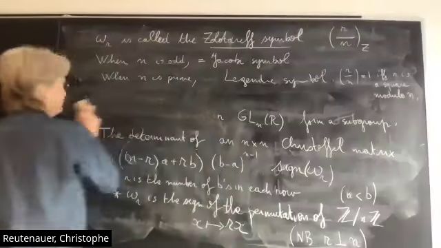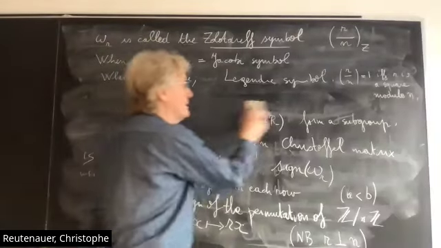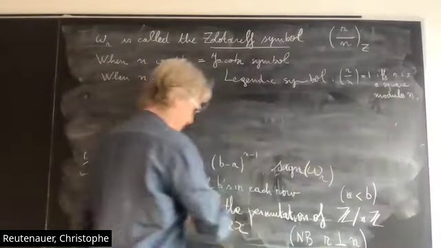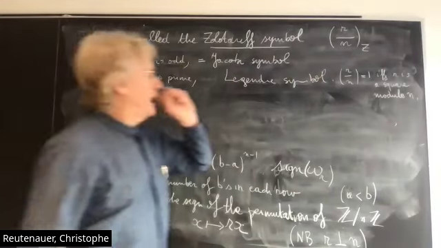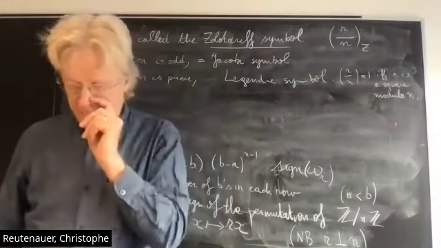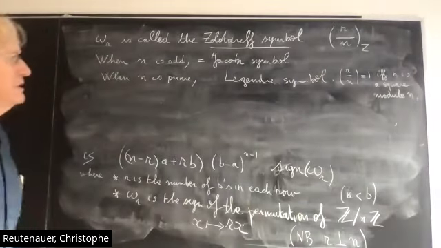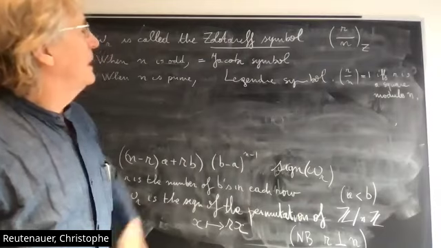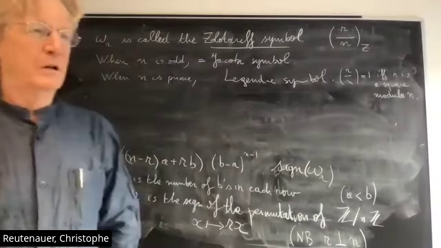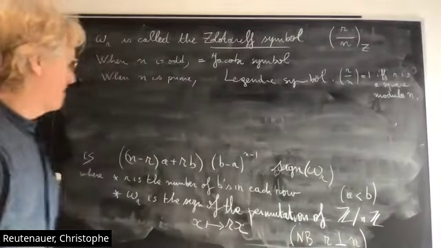The Legendre symbol was generalized to any odd n by Jacobi, and the Zolotarev symbol is even more general.